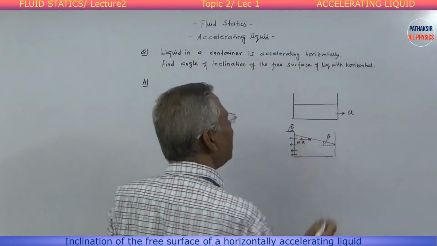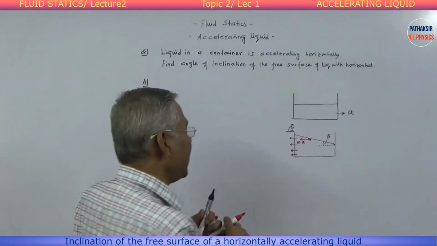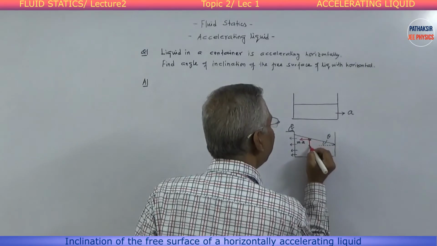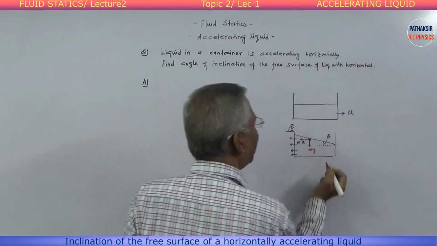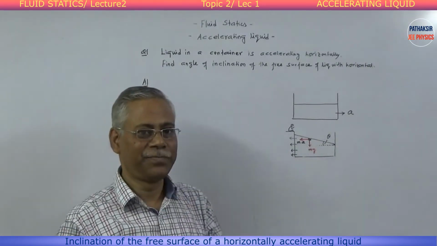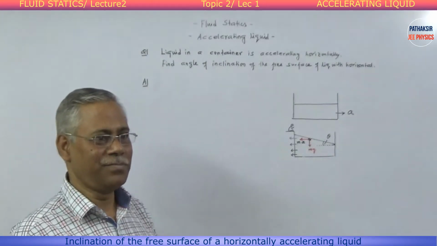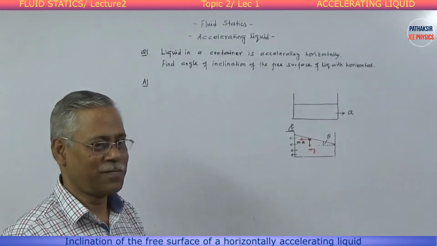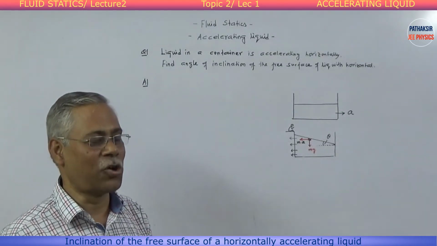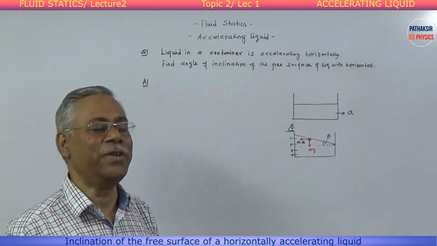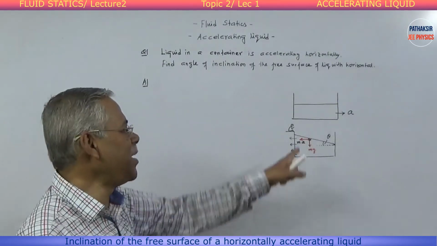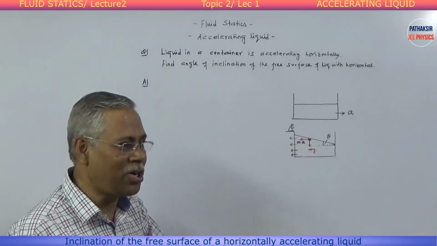M is the mass of this element, and then in this direction mg, and what else? Normal force. Who exerts this normal force? Surrounding liquid. This element has more liquid in its surrounding or not?